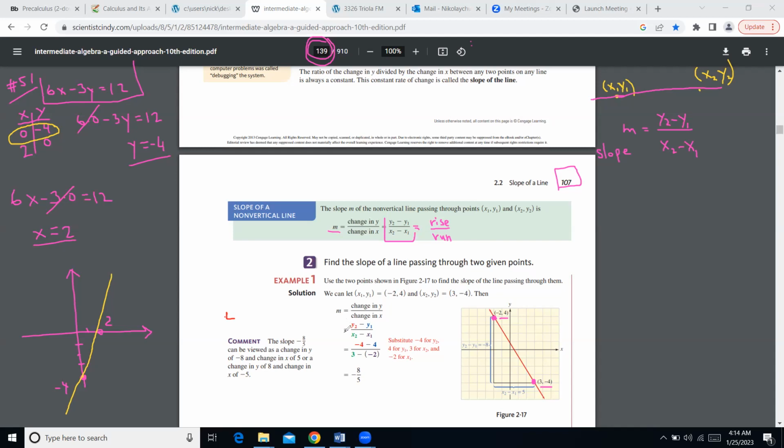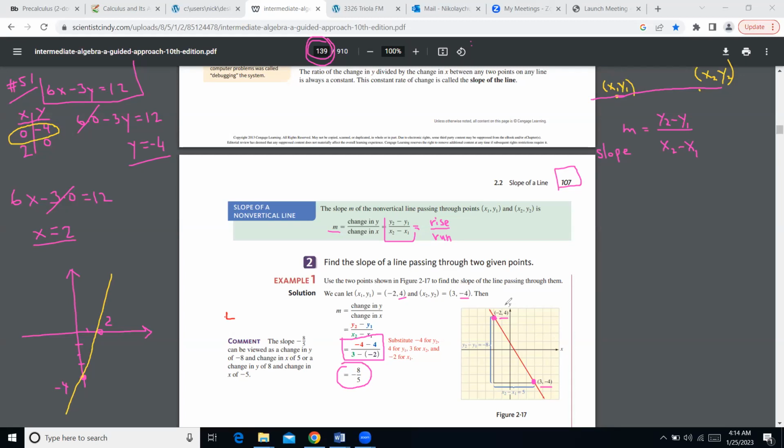They replaced in that formula the y coordinates, which were negative 4 and positive 4. So we subtract these y coordinates, and then we also replaced in that formula the x coordinates. Once I did that, there came out to be a negative number for the slope.